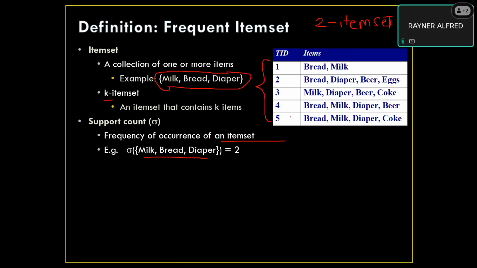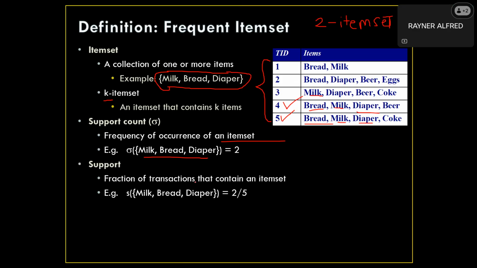In this example we have 2, which is milk, diaper, bread, in transaction number 4 and transaction number 5.